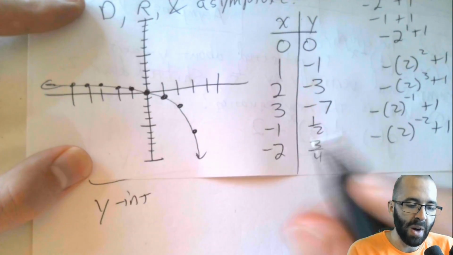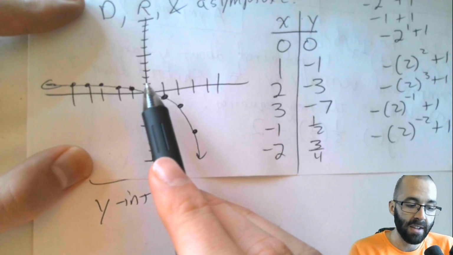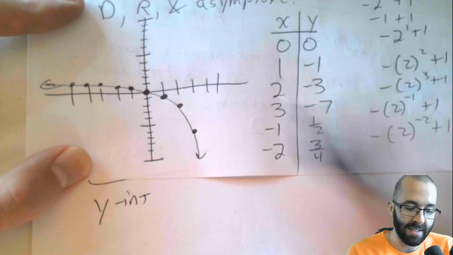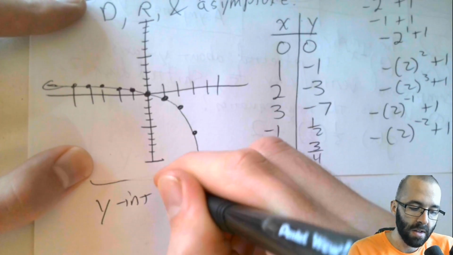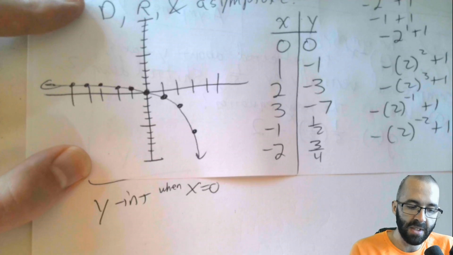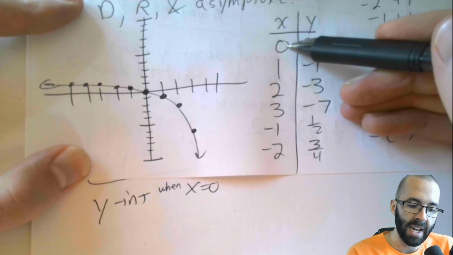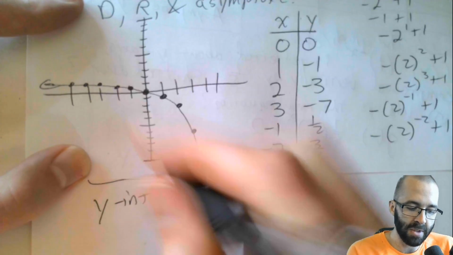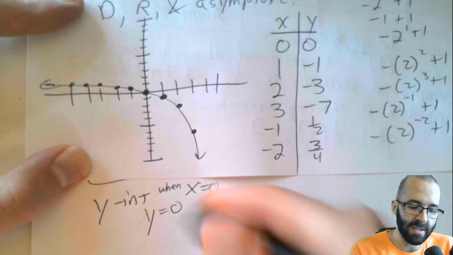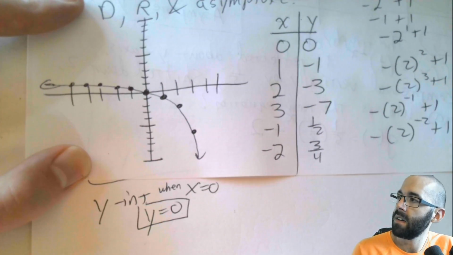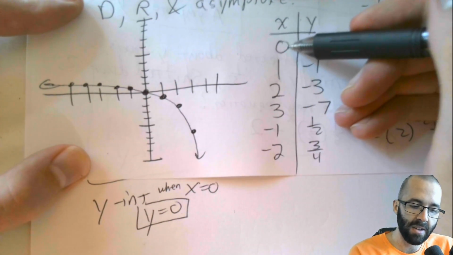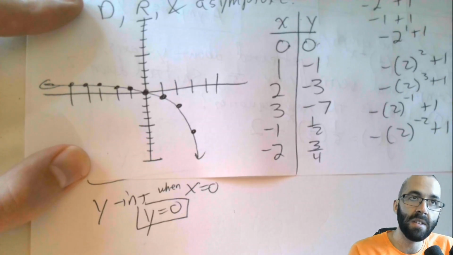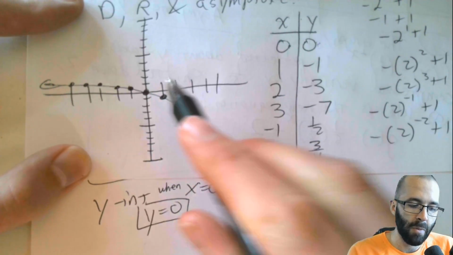The y-intercept is where it hits the y-axis, where it hits the y-axis when x is equal to 0. So you just look over here. When x is equal to 0, y is equal to 0. So that's our y-intercept right here. Y-intercept is when x is 0, so when x is 0, y is 0. The y-intercept is right there.